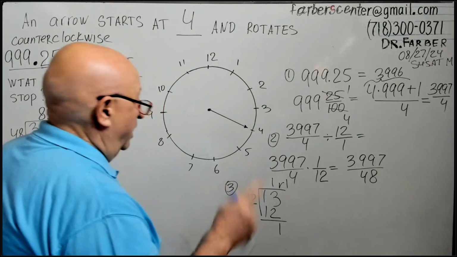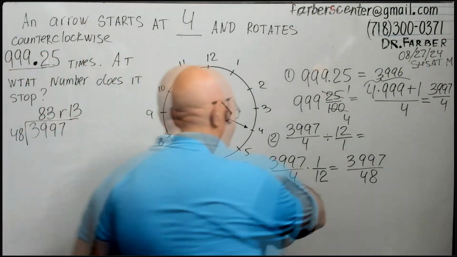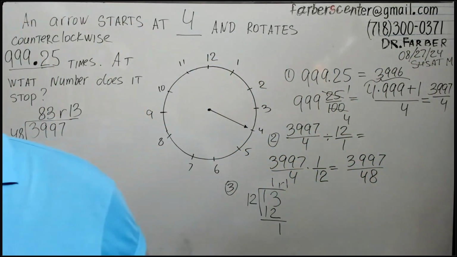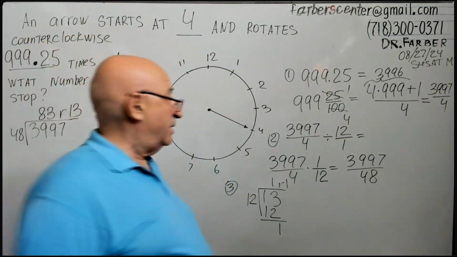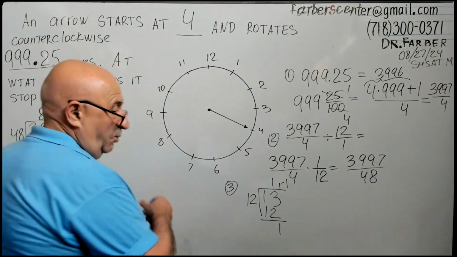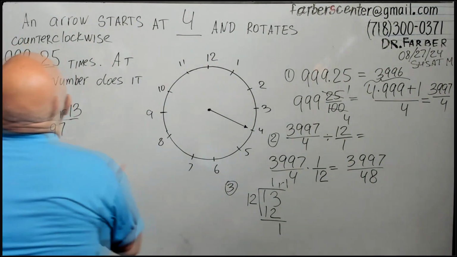Well, in 12 of these, I still will be on 4 if I don't have any remainder. Understand this step? Okay, it's like looping. Today is whatever, in 14 days it will be the same day. But what is 1? Keep in mind the keyword.